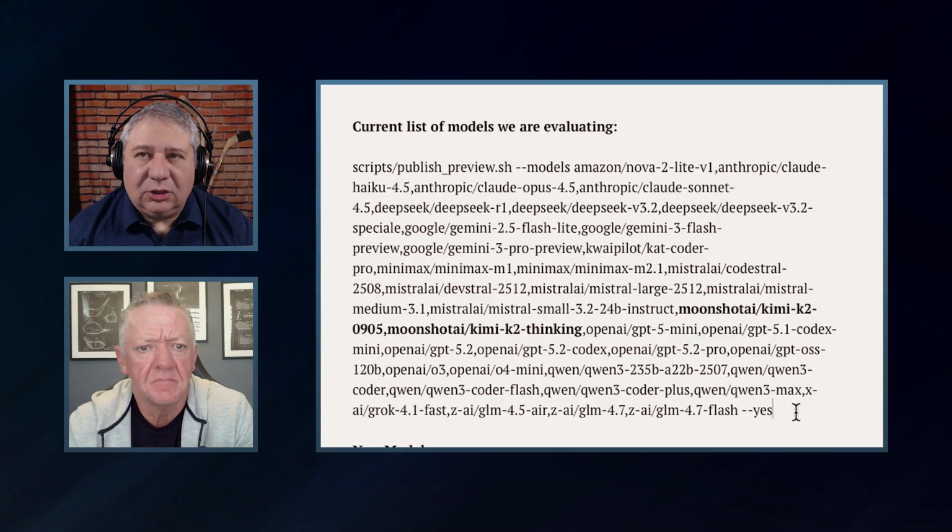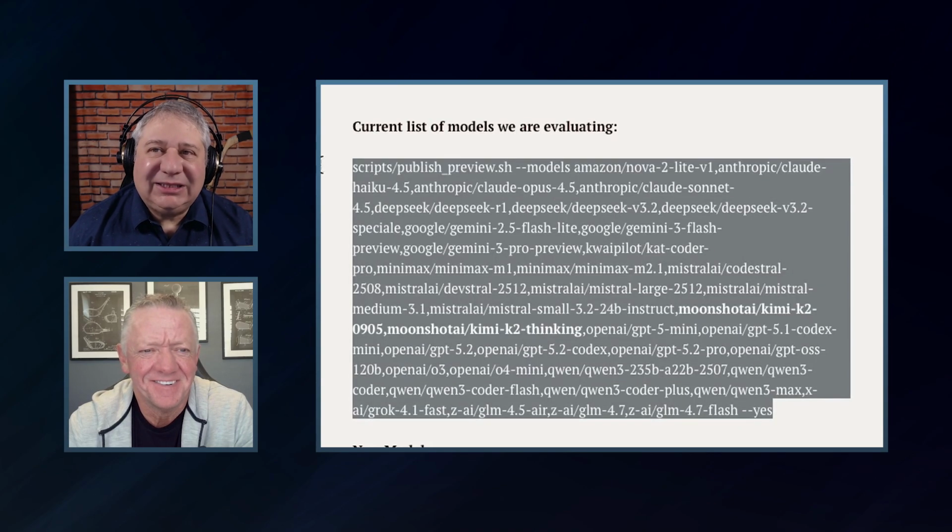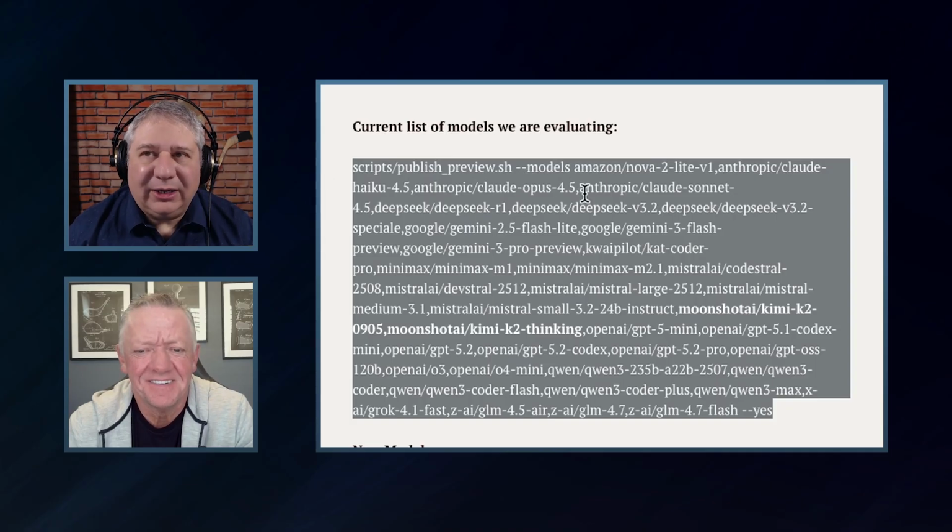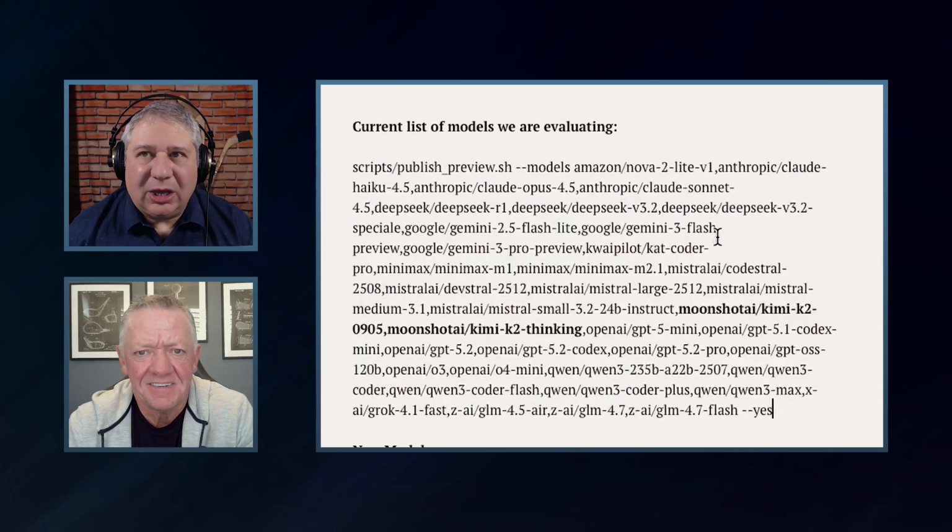This part is a little technical, but don't worry about it. There's no test here. This is the actual command that we run in order to get the models. And this is the list of the current models. It's a little hard to read because it's just commas between them, but you can see those two models I mentioned, Kimi K2 0905 and Kimi K2 Thinking, are currently in the list.